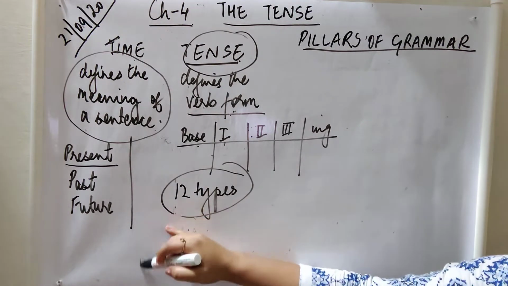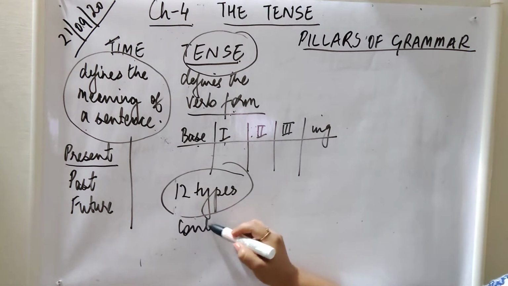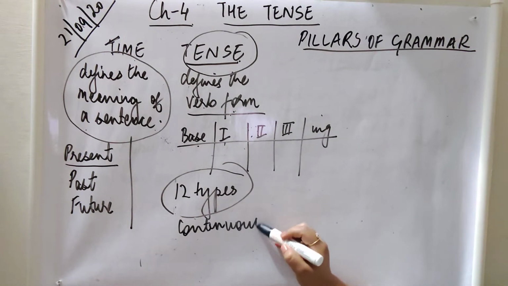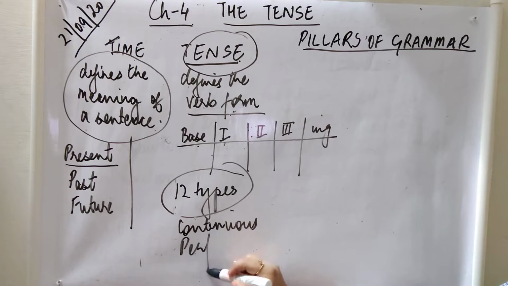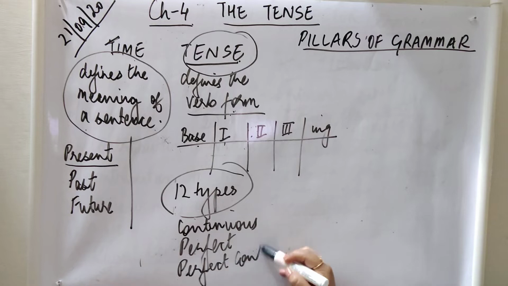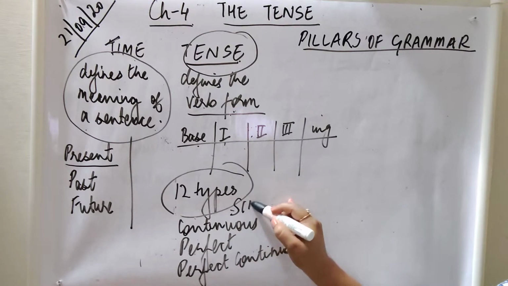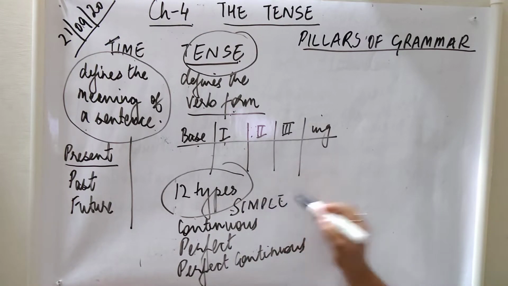For now, we know that we have the continuous tense, the perfect tense, and the perfect continuous tense, and the most simple, which is called the simple tense.